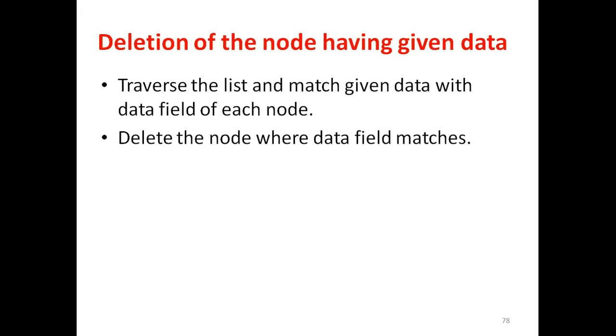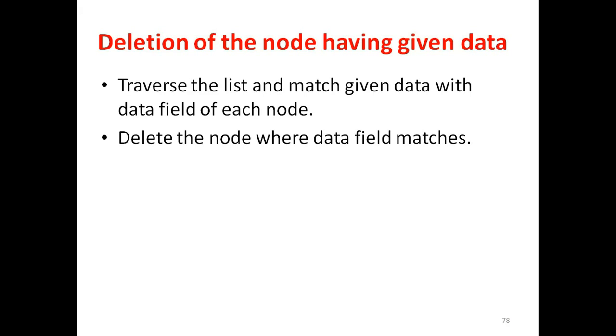Till now, the deletion operations we have discussed in singly linked lists were only by considering the position of the node. We were deleting after a given node, or deleting a node at a specified position.